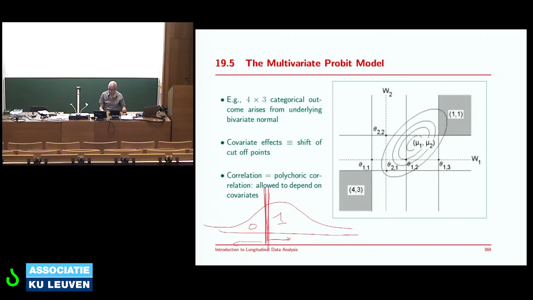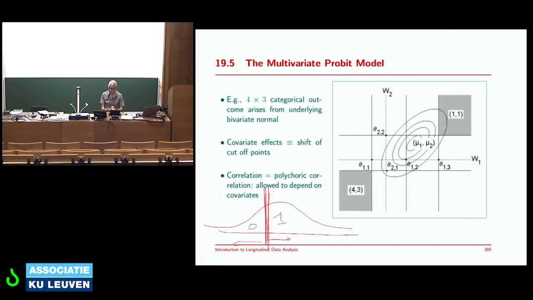It always works. And if you use an underlying normal distribution, then this model is called the probit model, the classical univariate probit model.